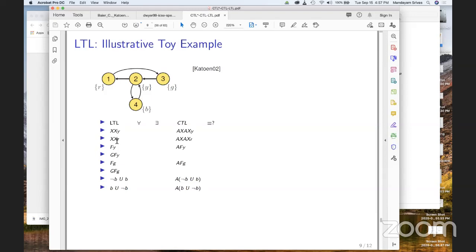Now, the question is, is it true for GF, Y and GFG, okay? We are running out of time, but you will see that it is true even for this, okay? And one way to ensure this is to draw the branching computation tree and then reason about it. The important thing to notice is, whereas GF of Y only imposes constraints on paths, okay?